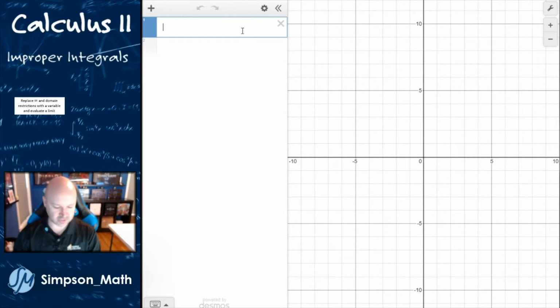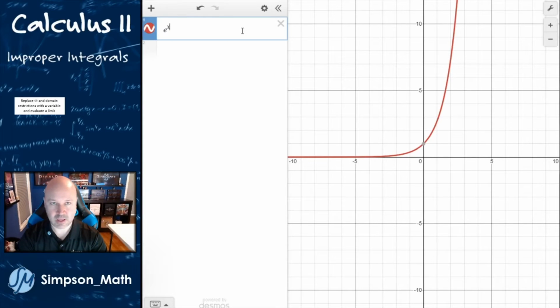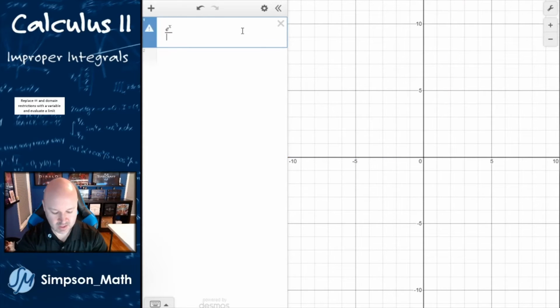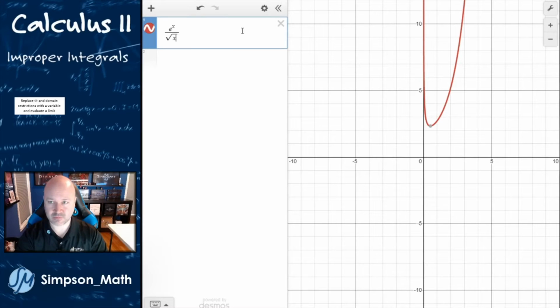I'm going to type in this function. I have e being raised to the x, but then I'm dividing that by the square root of x. And I am concerned with 0 to 1.